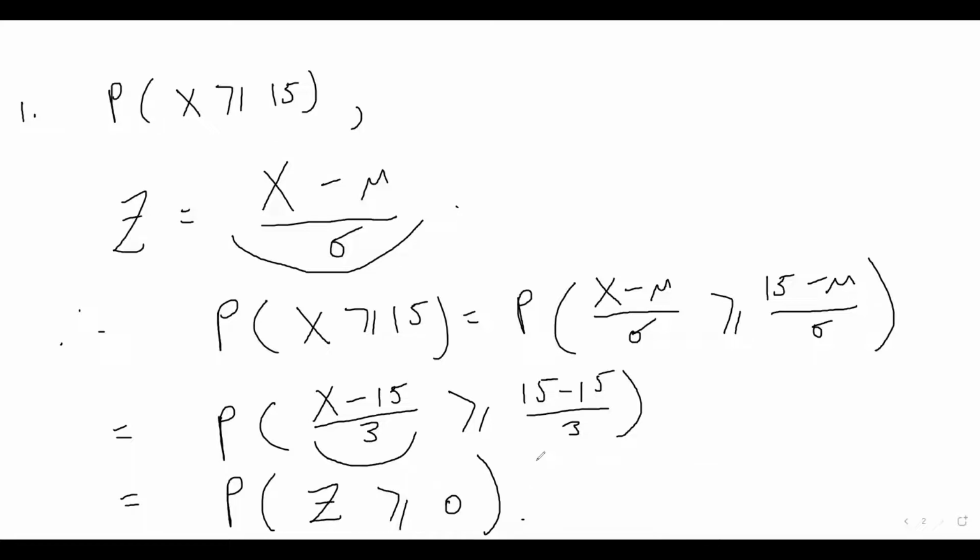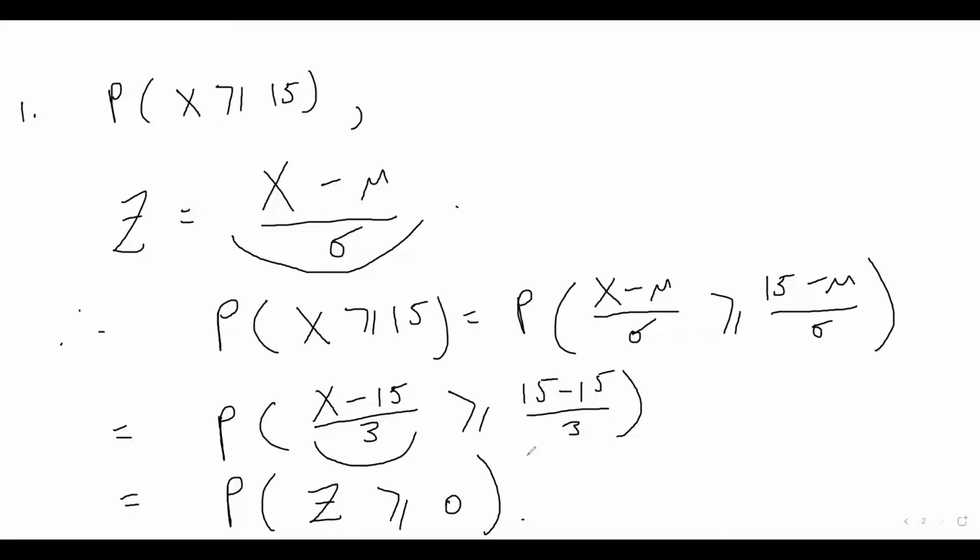So now all we have to do is calculate, using the standard normal table, the probability that z is at least 0. So how do we use the standard normal table to evaluate this probability? It really depends on what kind of standard normal table we are using.